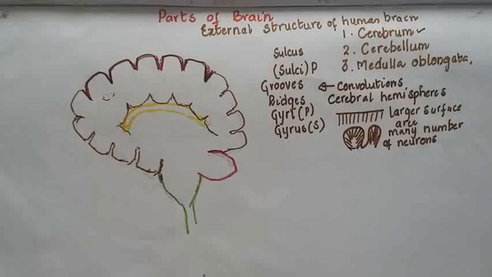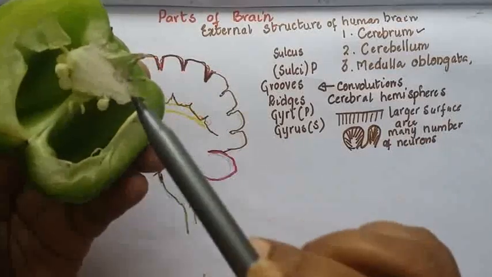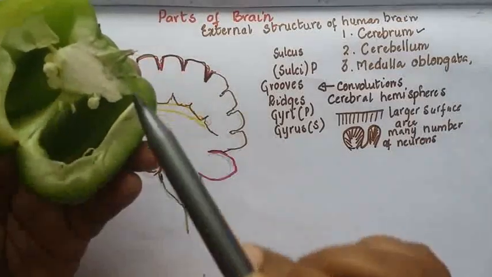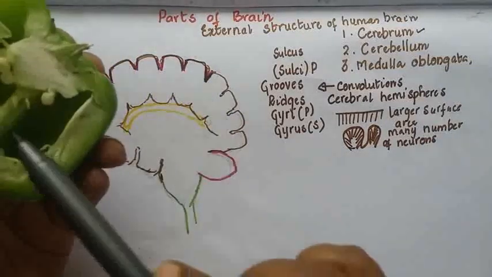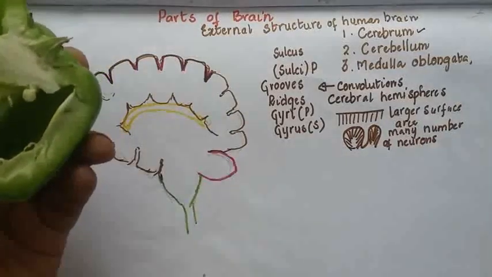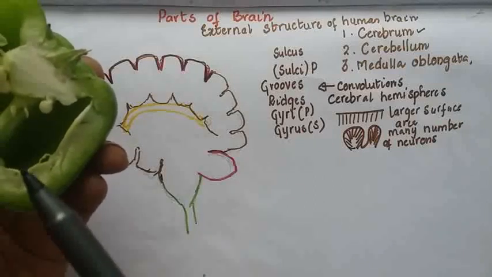Children, if you look at the cerebral hemisphere, in fact, each cerebral hemisphere is hollow internally. It is similar to this capsicum. Internally each cerebral hemisphere has a hollow space filled with cerebrospinal fluid.